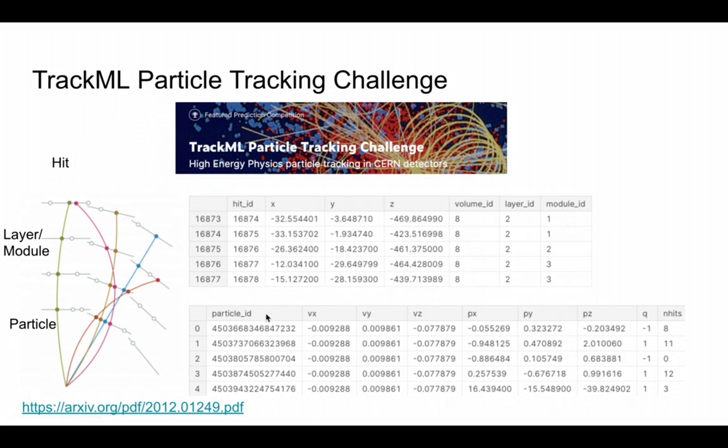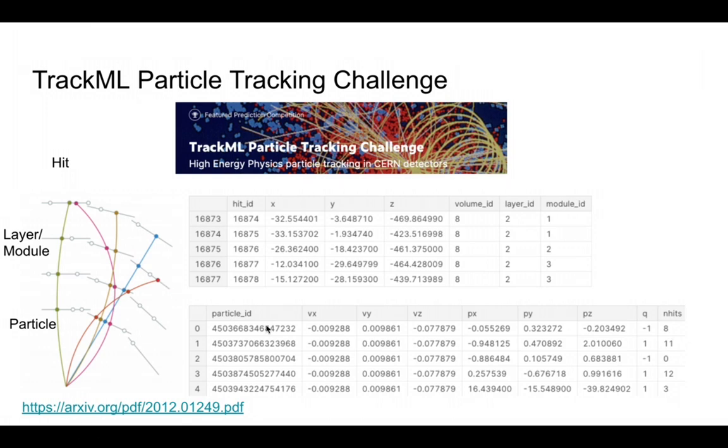The other file contains the truth information of the particle: the production vertex of the particle, the momentum of the particle, the charge, and also the total number of hits created by this particle.